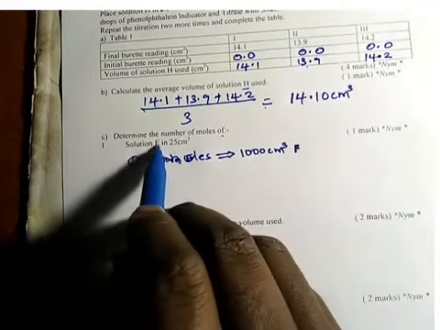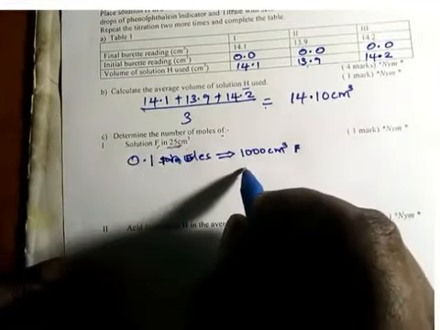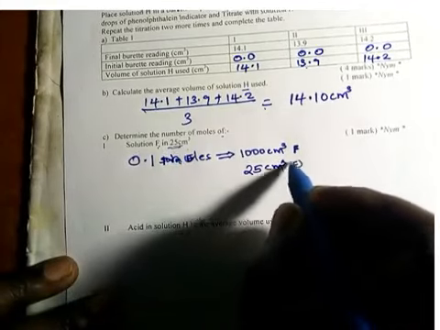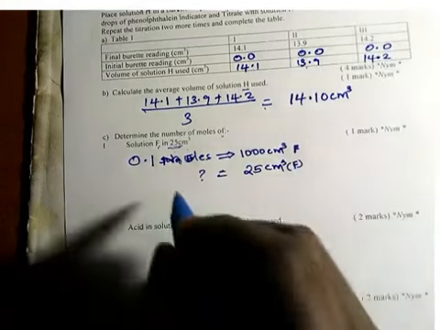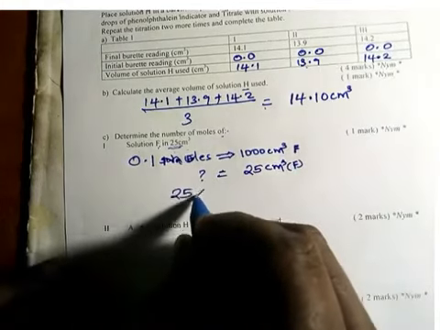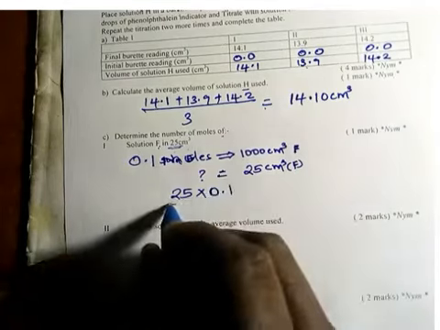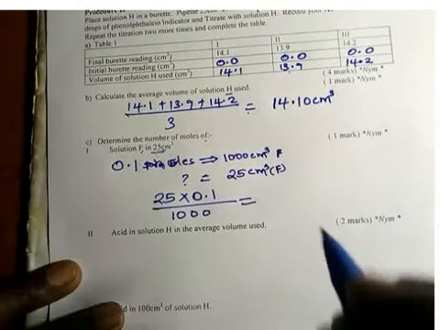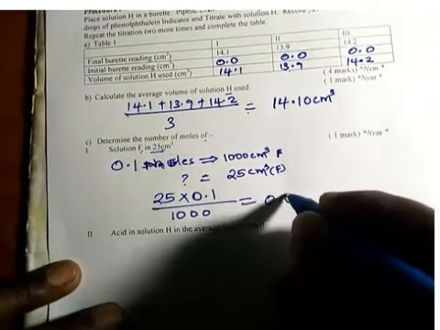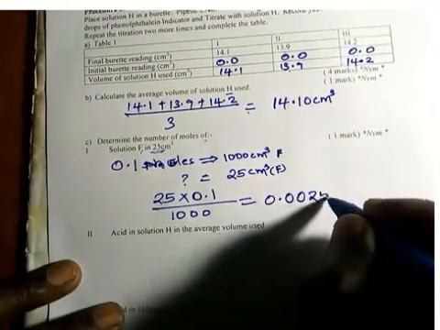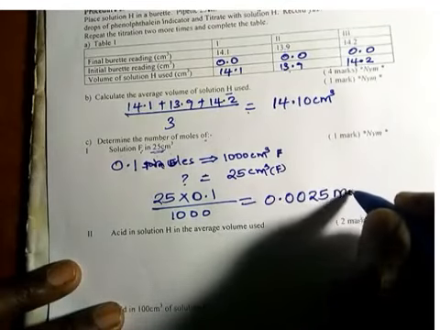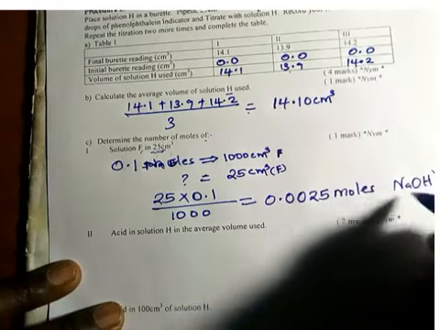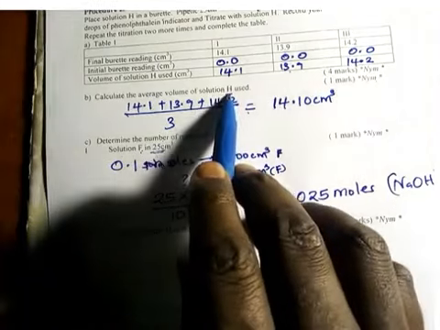What was the volume we used? We have been given 25 cm³. So 25 cm³ of F will contain 25 times 0.1 divided by 1000, which gives us 0.0025 moles. So this is the number of moles of sodium hydroxide that reacted with H.